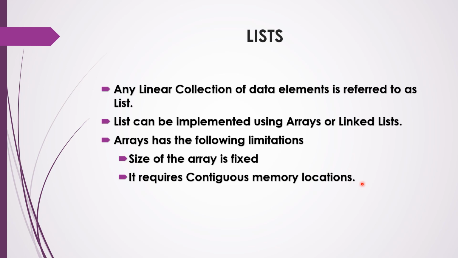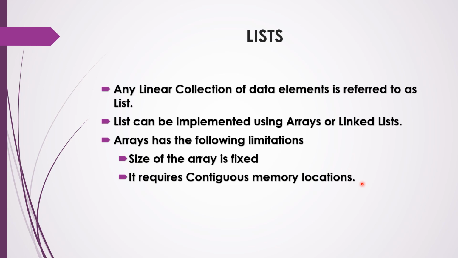For example, if I have to store 5 elements in an array, there have to be 5 continuous empty slots to store that array. If the empty slots are present here and there, you cannot store array elements because an array stores elements in continuous memory location and it does not store the elements here and there.